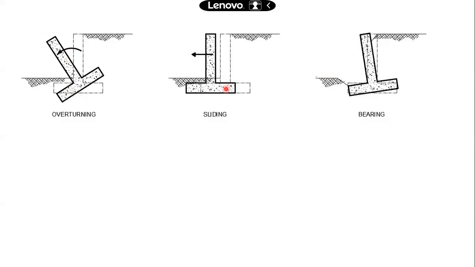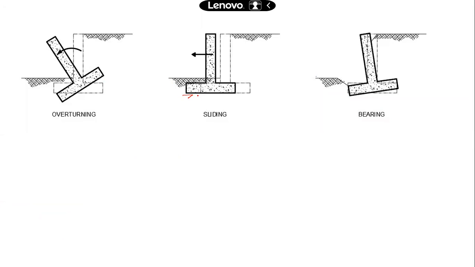Another is sliding. Sliding is prevented due to the friction between the base slab and the soil beneath the base slab. So there will be friction between this concrete surface and the soil. What is the frictional force acting over here? It depends on the coefficient of friction between the base slab and the soil.